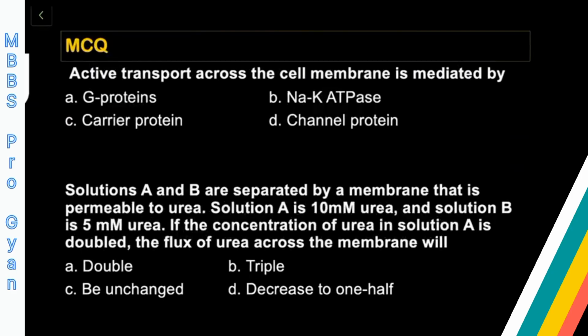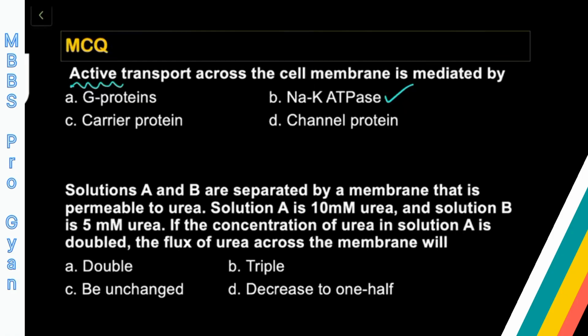Next, active transport across the cell membrane is mediated by what? Immediately the tendency is to answer the sodium potassium ATPase pump. The sodium potassium ATPase pump is also active, but that is primary active. If I ask you who helps secondary active transport? Carrier protein. Who helps primary active transport?